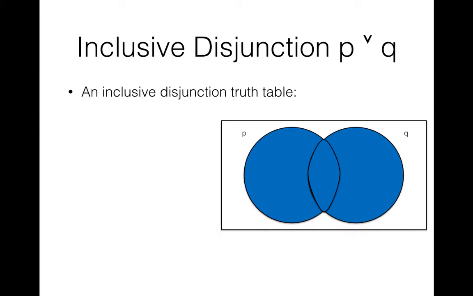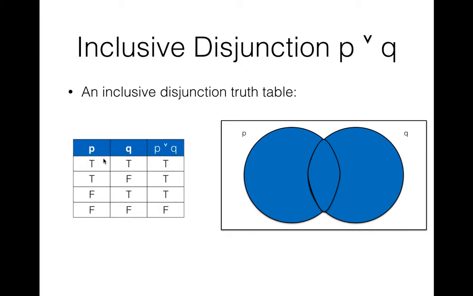So you can also write an inclusive disjunction in a truth table to work out when the inclusive disjunction between P and Q would be true. So let's have a look. If P is true and Q is true, then the inclusive disjunction between P and Q is also true, because we're saying that both of these statements are correct, and that's this area here.